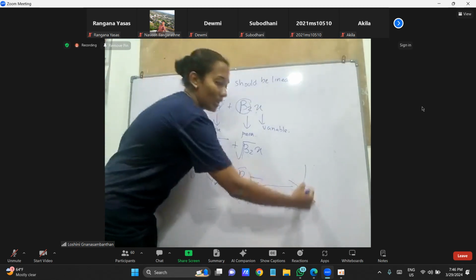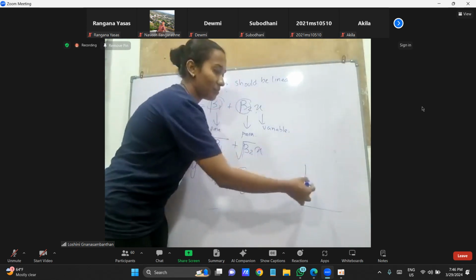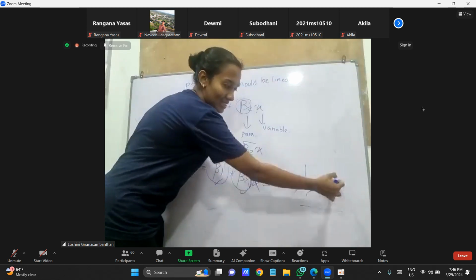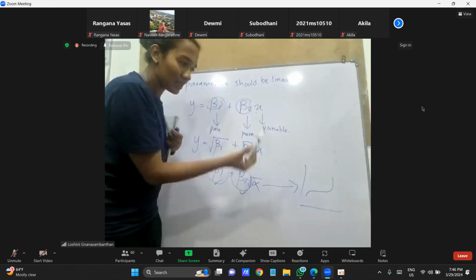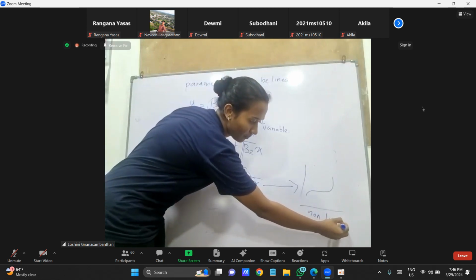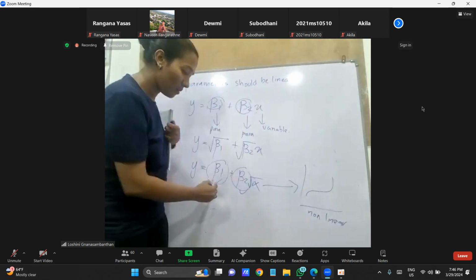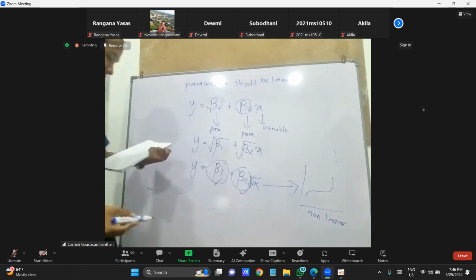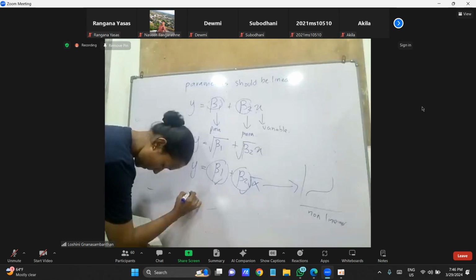Even if the graph results in something non-linear, you can estimate it, because the parameters are linear. Okay, another example.